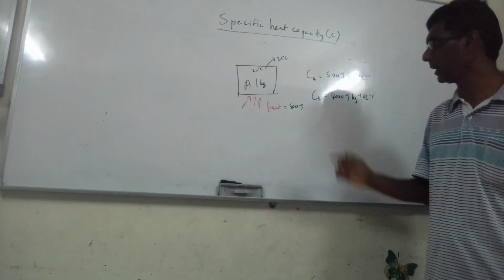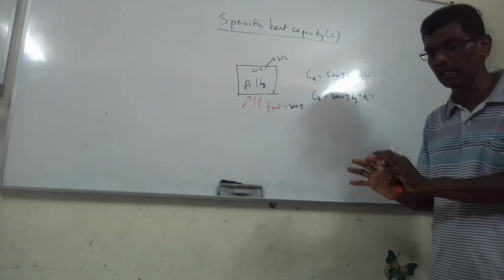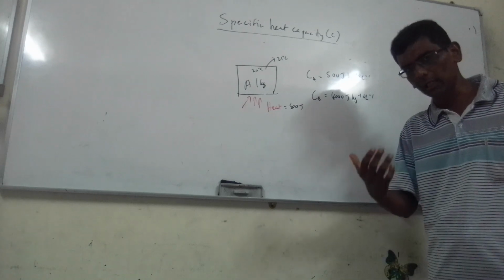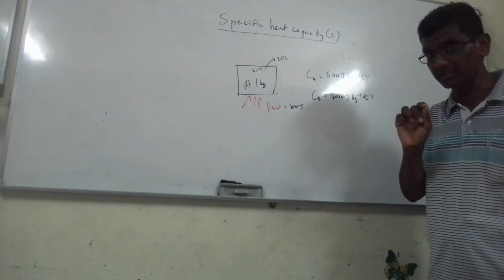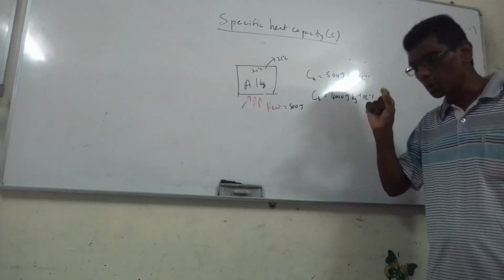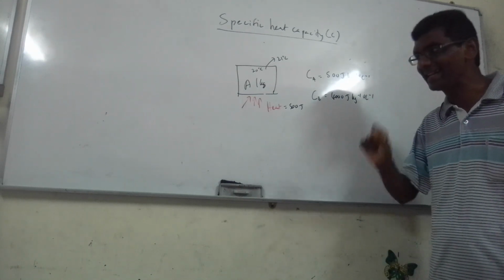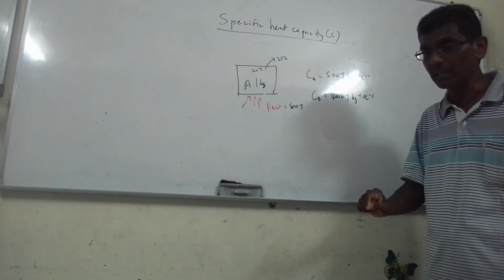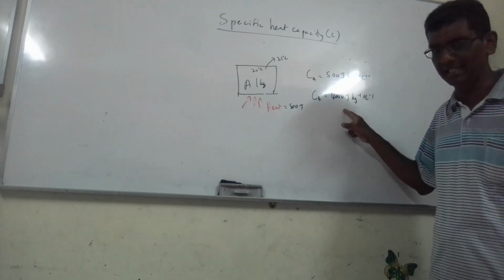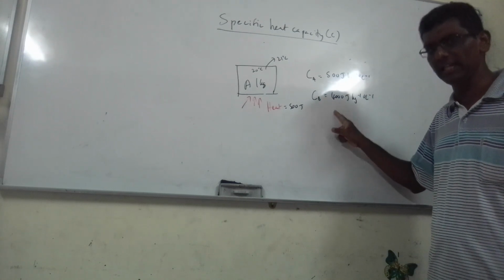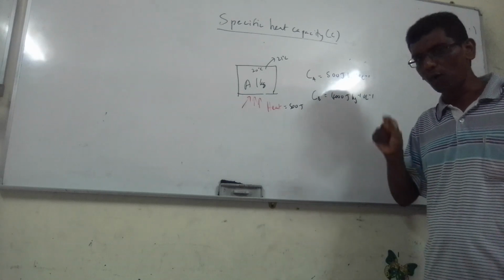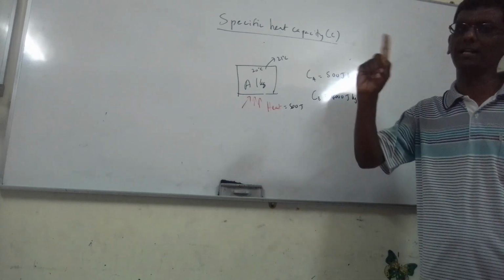You must write like this: 4000 joule of heat energy is required to increase the temperature of 1 kilogram substance B by 1 degree Celsius.